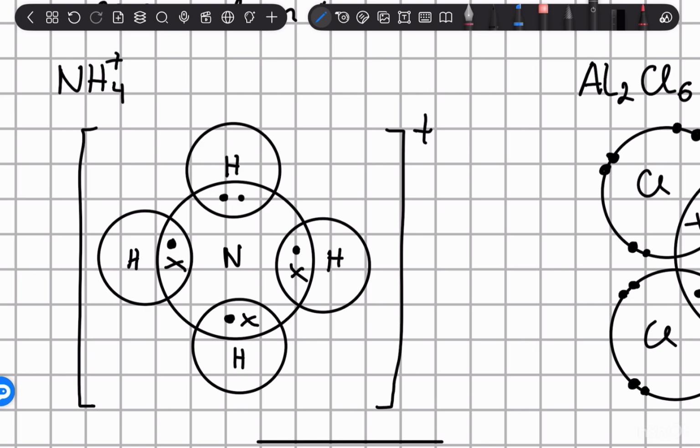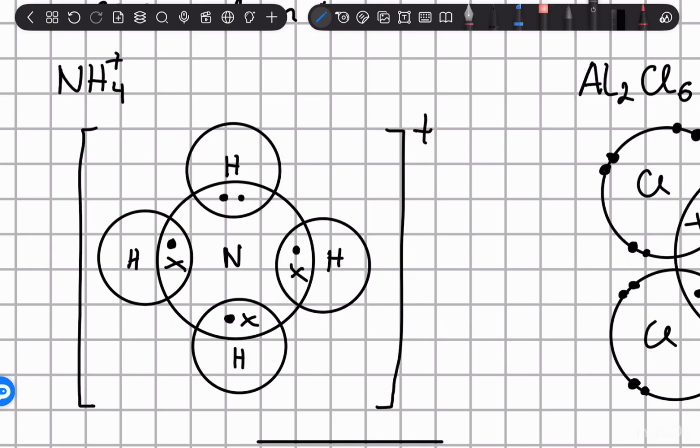So basically what we have is this ammonium ion forming from the base ammonia. How it forms is the base accepts a proton. So a proton in this case is a hydrogen ion. This is our hydrogen ion. And ammonia is neutral, so when it accepts this ion, it becomes positively charged.